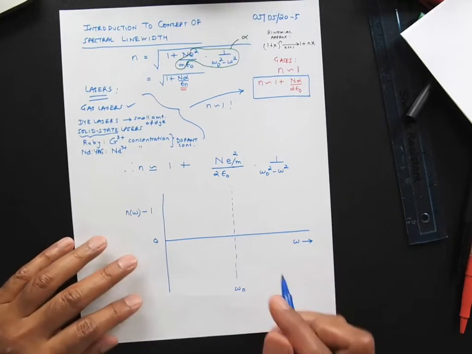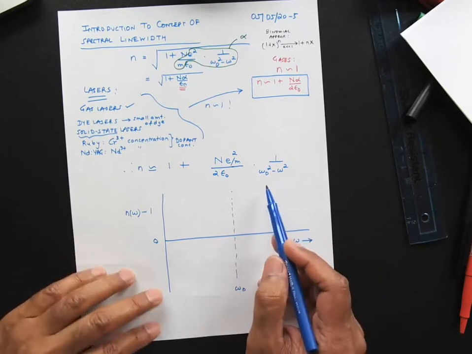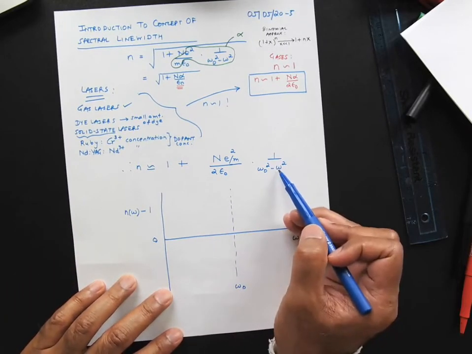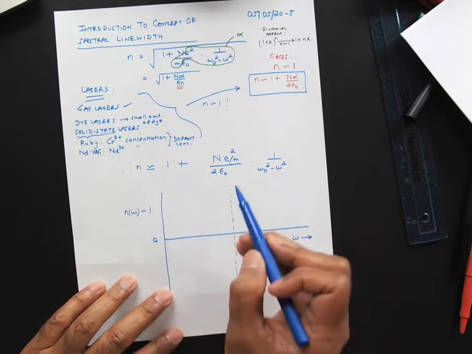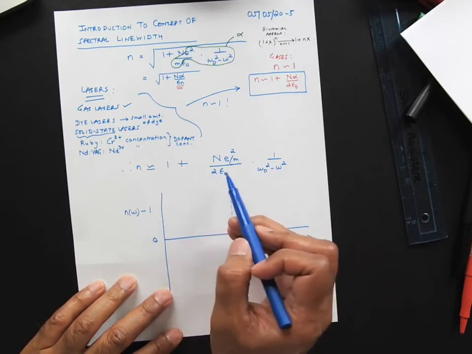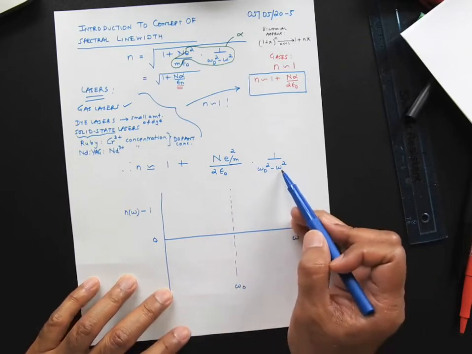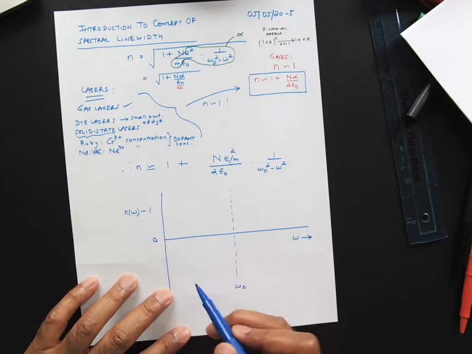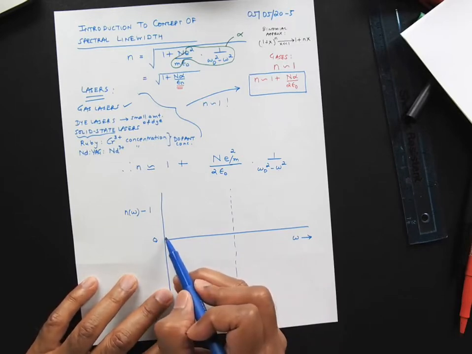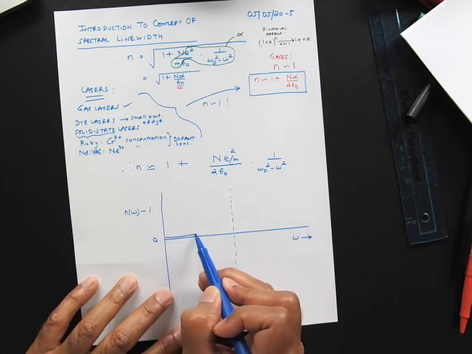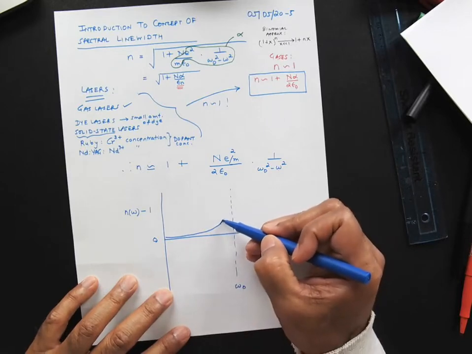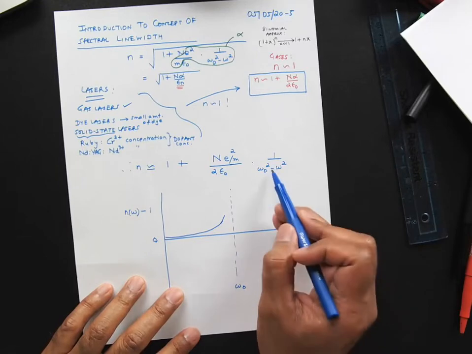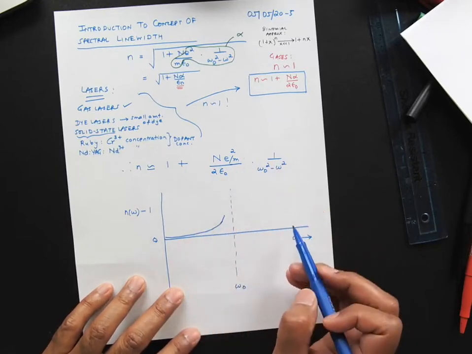Okay. All right. So what happens is, and notice that when omega is less than omega naught, so on this side, this is 1 plus something, but when omega is less than omega naught, then this whole thing becomes negative. So basically the graph would look like it's close to 0 on the positive side, and then it starts to go up at omega naught, and when omega is larger than omega naught, then this thing is 1 minus something, right?